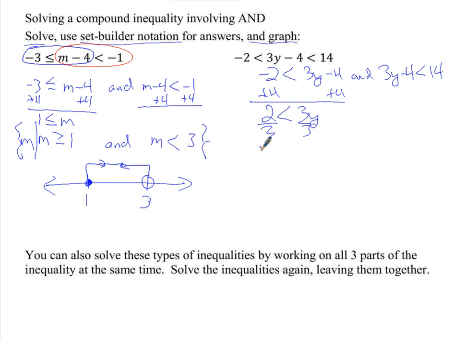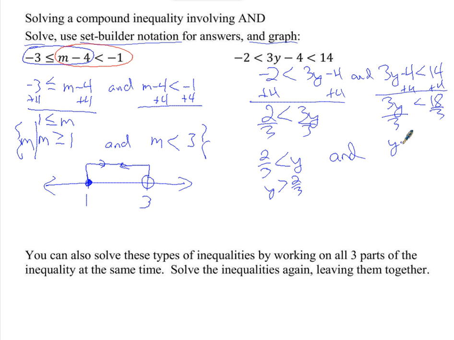And we get, okay. We do have to rearrange that. Y is greater than 2/3. Okay, and? Nice. Good.